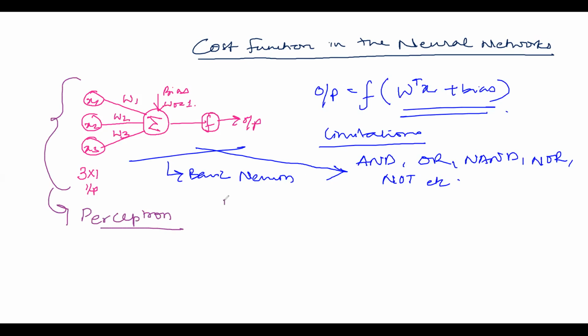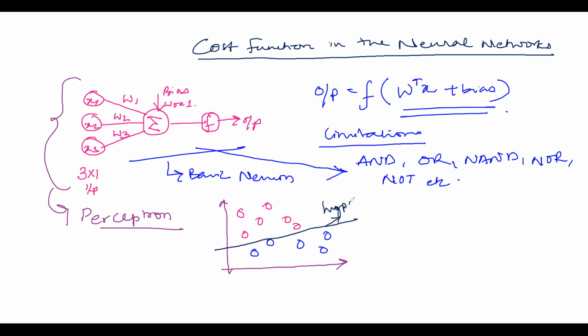Perceptron is nothing but trying to identify the hyperplane. If these are my one class and these are my another class, then it will try to identify this nicely. This is my hypothesis. The basic neuron is known as perceptron.